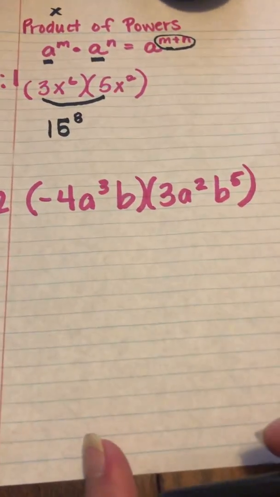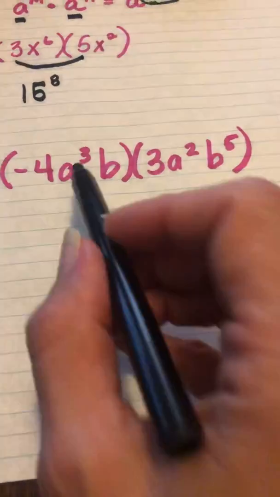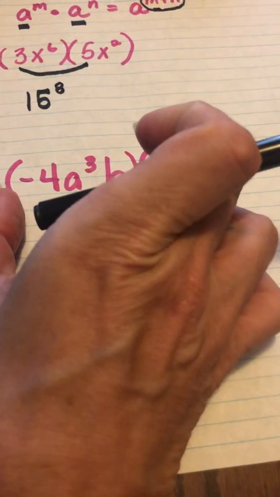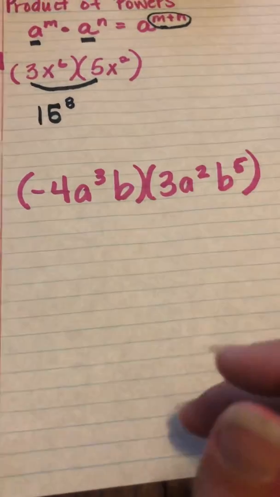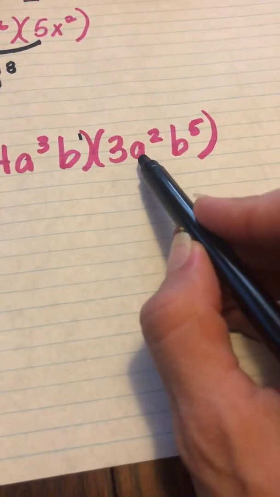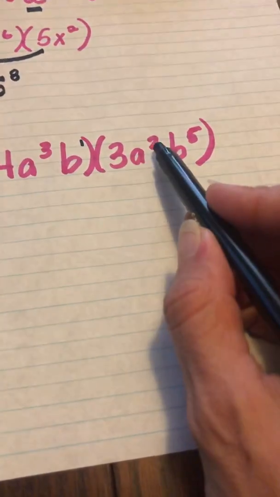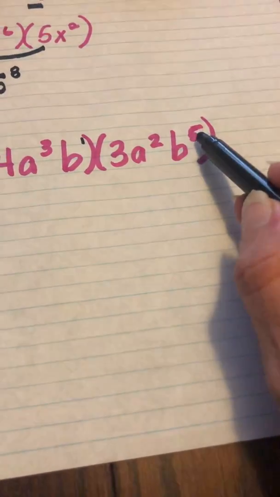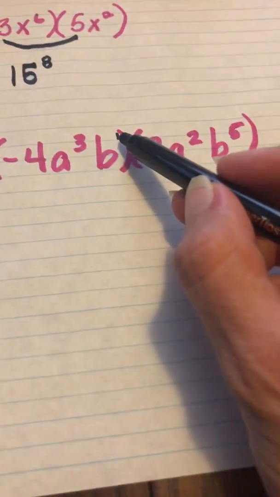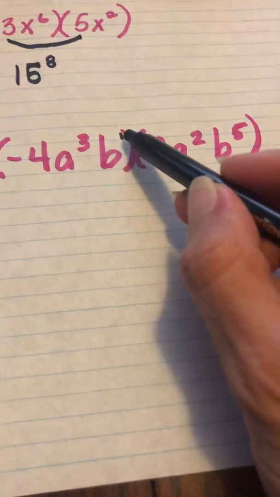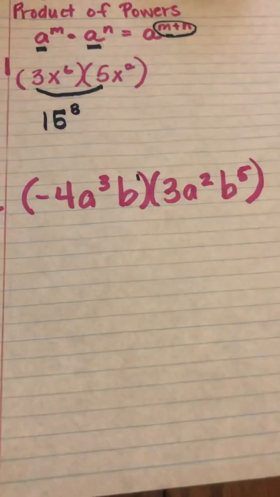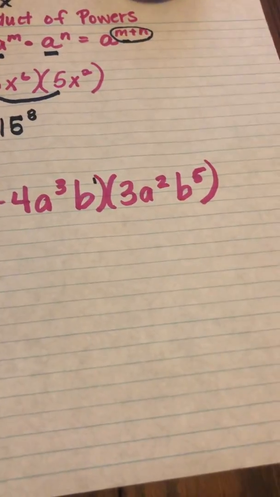Coming down for another example, again, we are multiplying. We have negative 4, a to the 3rd power, b to the 1st power, times 3 times a to the 2nd power times b to the 5th power. Notice I put this little 1 by the b because it's like when we've seen variables in the past, when we have x.